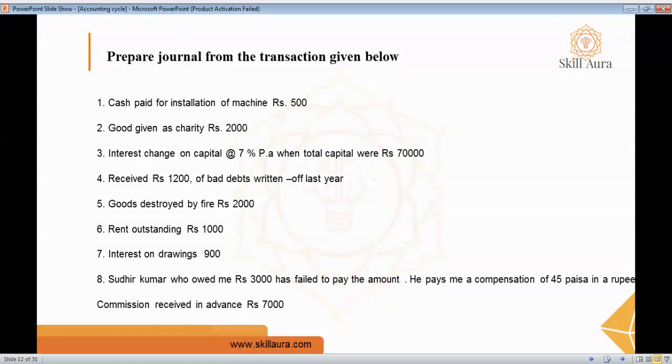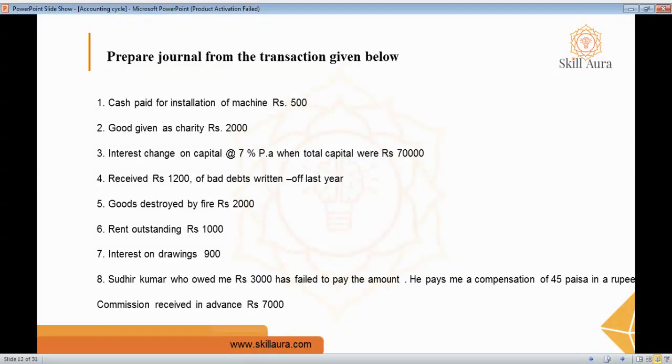So we'll record the expenses amount and calculate 70,000 into 7%, which will be 4,900. We'll credit the capital account, which reflects the increase in the capital due to the interest.